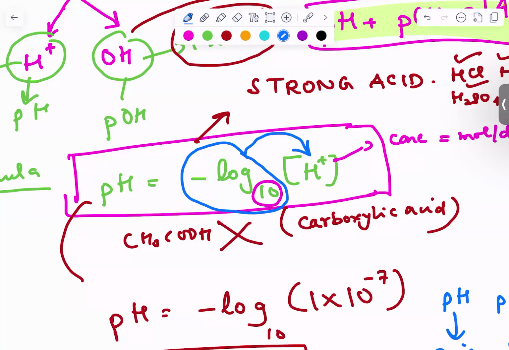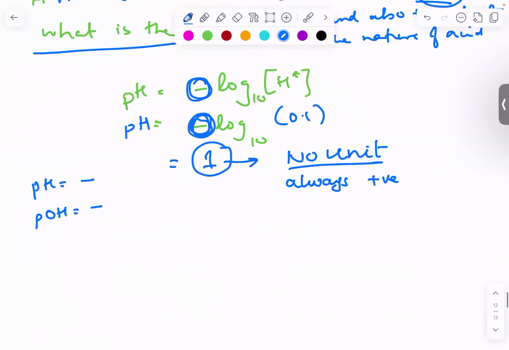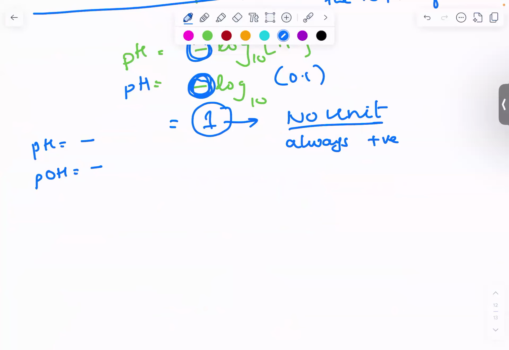So what does it mean? What are they trying to tell you? If the concentration of hydrogen ions is very, very high, then pH is low, and that's a strong acid.